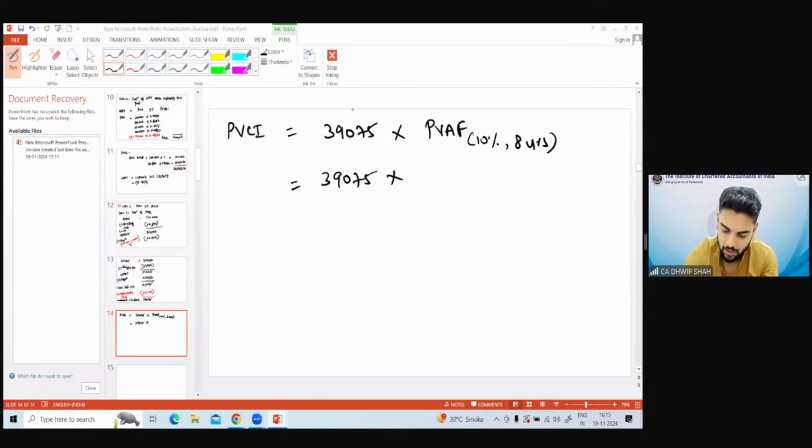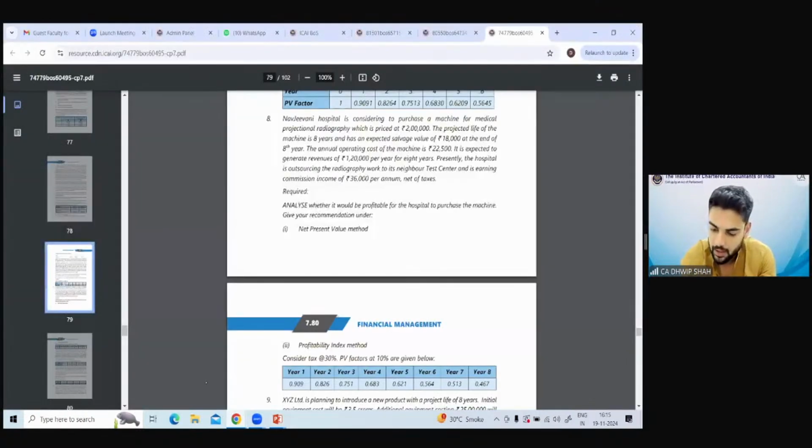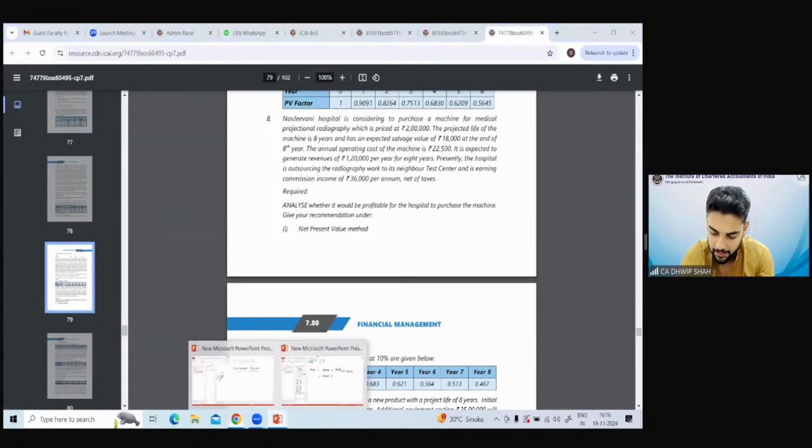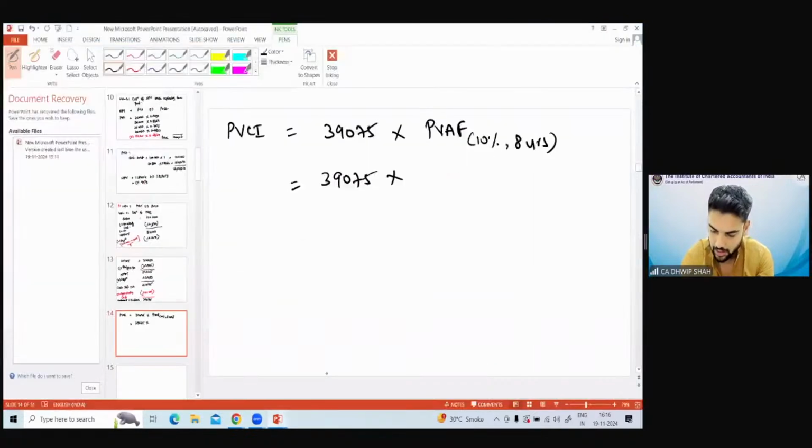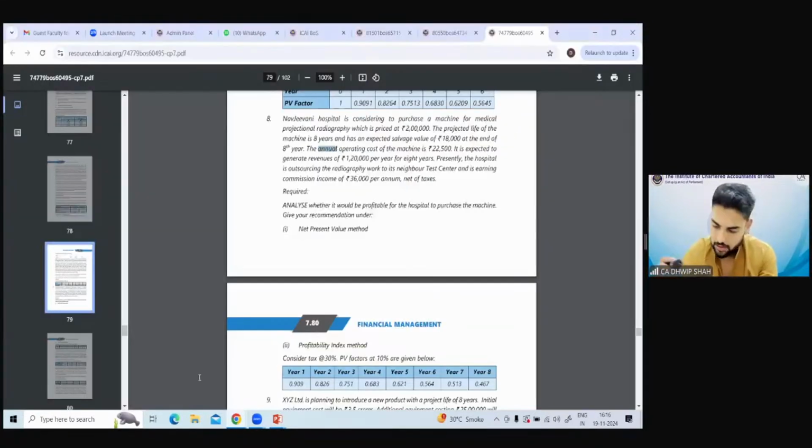Yes, it is written annual yearly cash outflow. The annual operating cost is 22,500. Here they have mentioned that it is annual operating cost, yearly. Okay, so now let's multiply by PVAF.